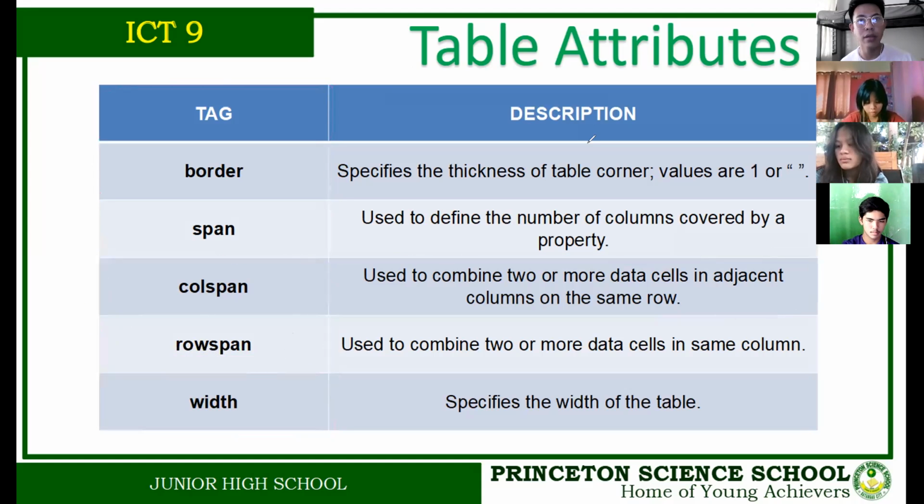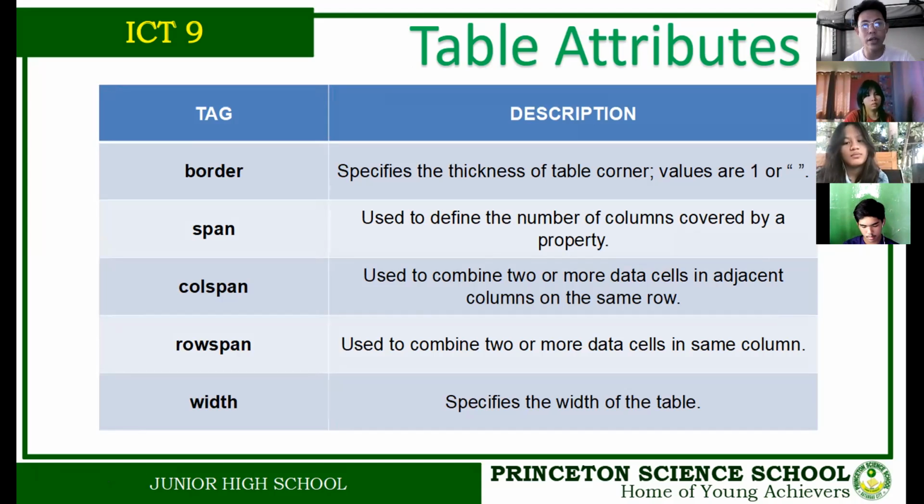The next one, we have the width. So the width specifies the width of the table. So disregarding the size of the text, the width is the table attribute that we're going to use to make a specific size for our table.